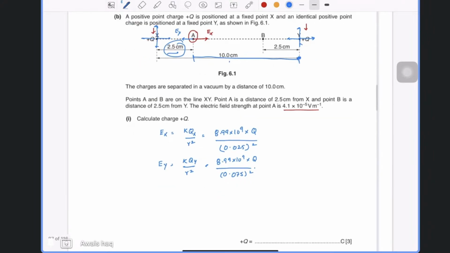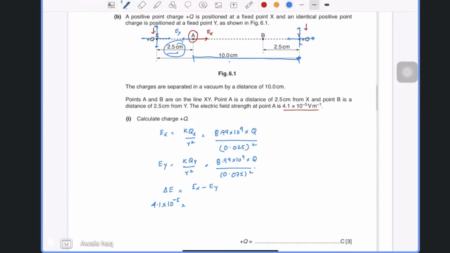Now these two are not equal, so the change in field strength at that point is given as 4.1 times 10 raised to power minus 5. And what we're looking at is EX minus EY.